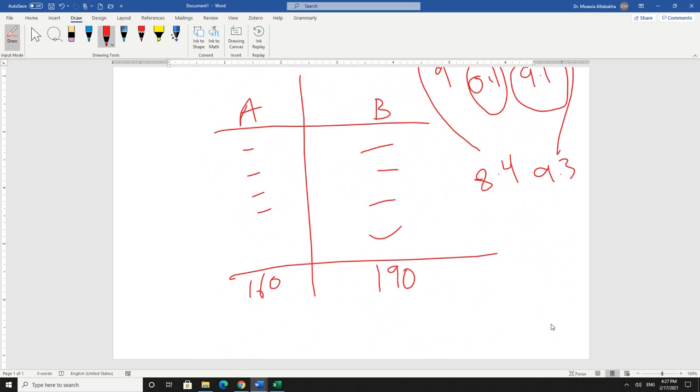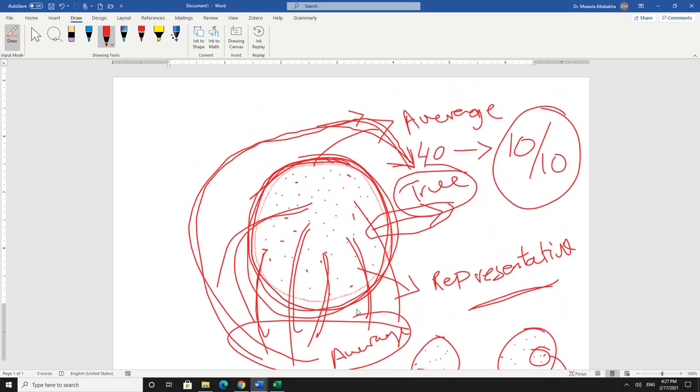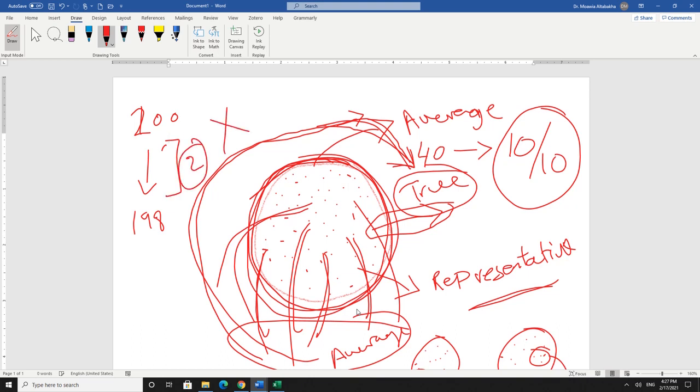First of all, what difference between A and B in the population makes sense to you? If someone's cholesterol level is 200 and it goes to 198, is the 2 here important? No, it's not important.